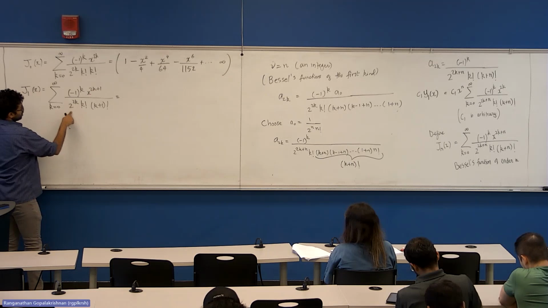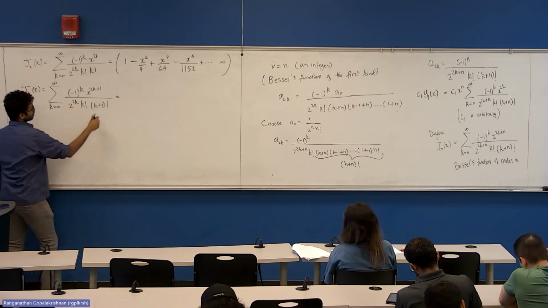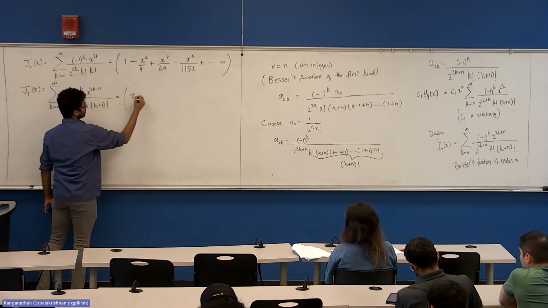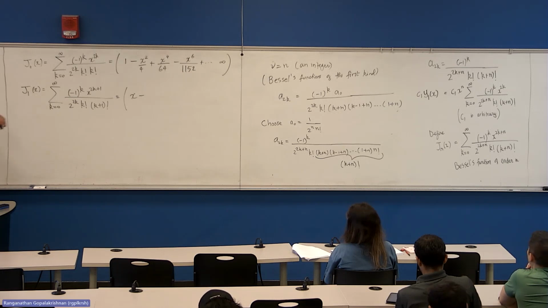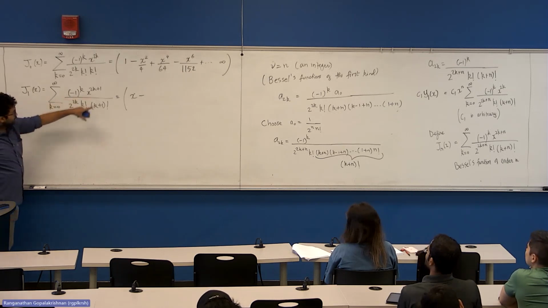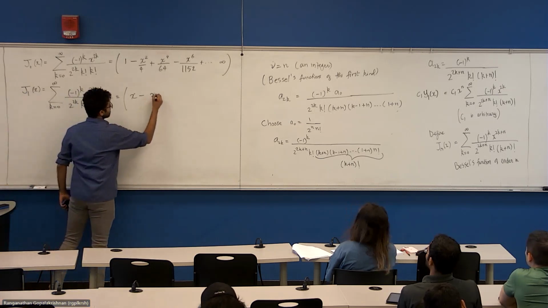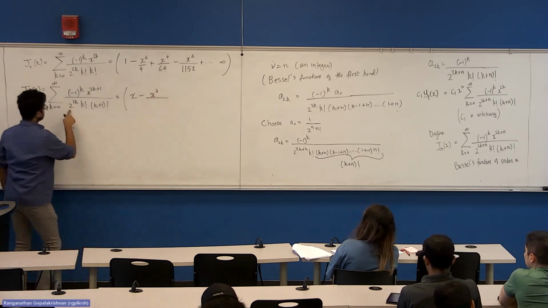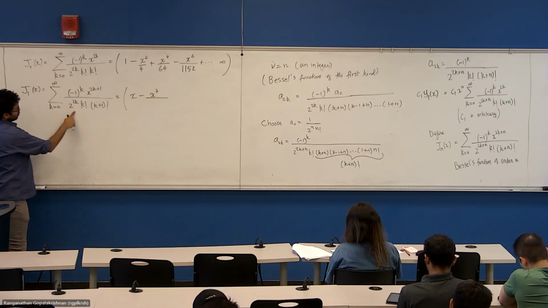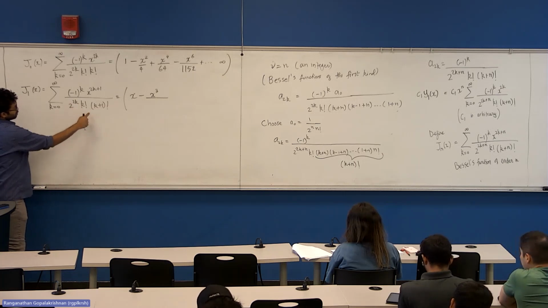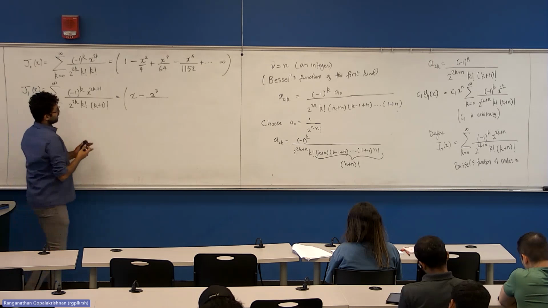This is 2 power 0, 0 factorial, 1 factorial. So first term is x. Second term, k equals 1, will be x cubed divided by 2 squared, which is 4, 4 times 1 factorial times 2 factorial, 4 times 2 is 8.